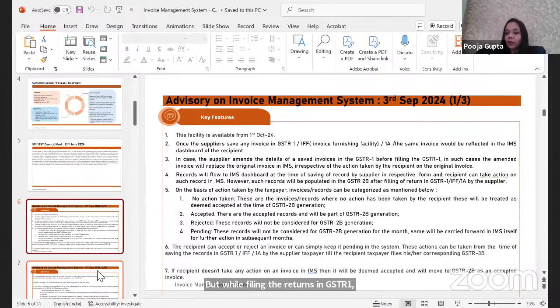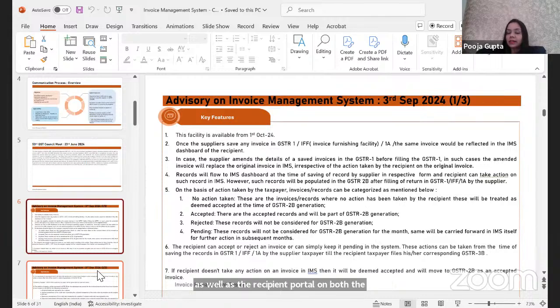On 9th November, the recipient was able to see the invoice of 10,000, but as and when it was replaced by the supplier with 11,000 while filing the GSTR 1, the amended document will replace the existing document on both portals, the supplier portal as well as the recipient portal.